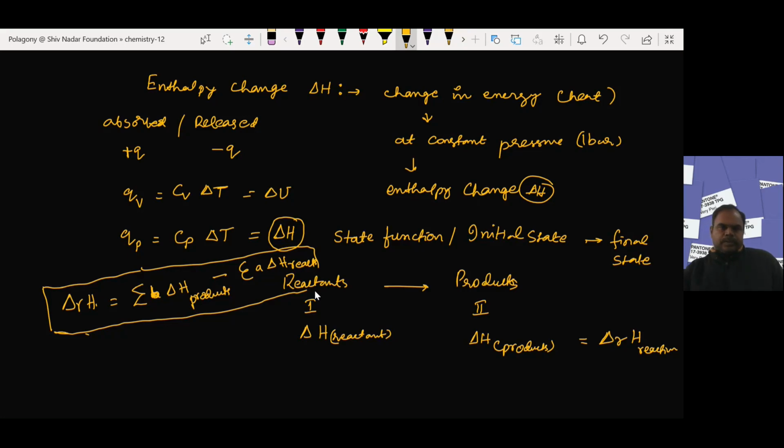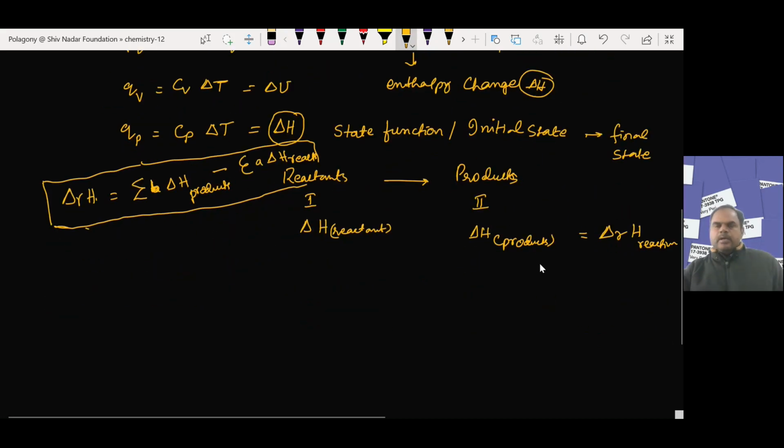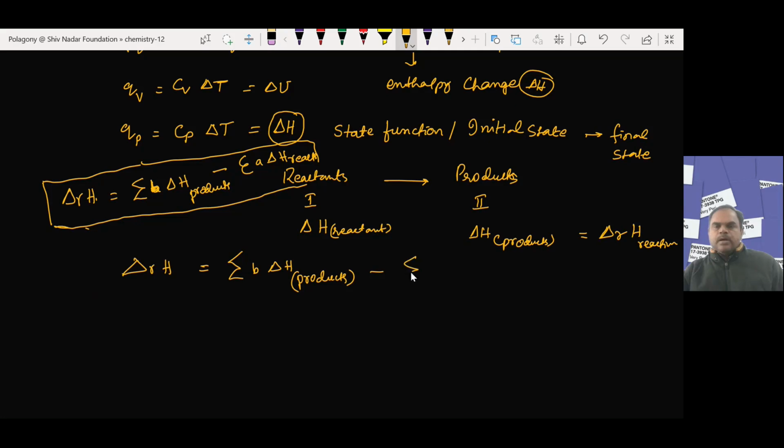So delta rH is equal to sigma b, where b is the coefficient, times the enthalpy of the products, minus sigma a, the coefficient, times the enthalpy of the reactants. The difference is what we call the enthalpy change of the reaction.